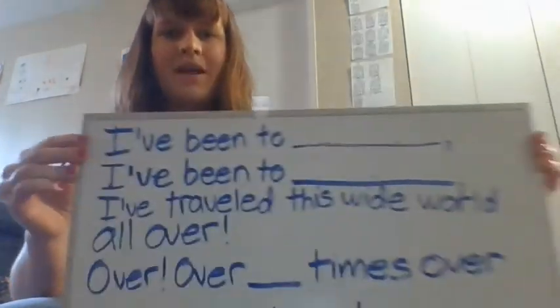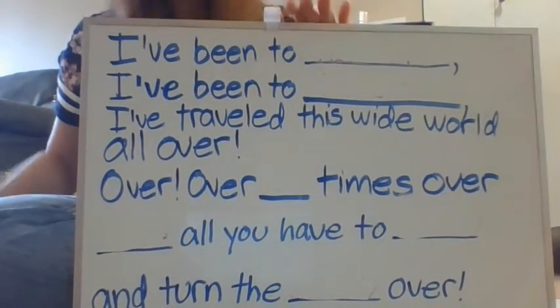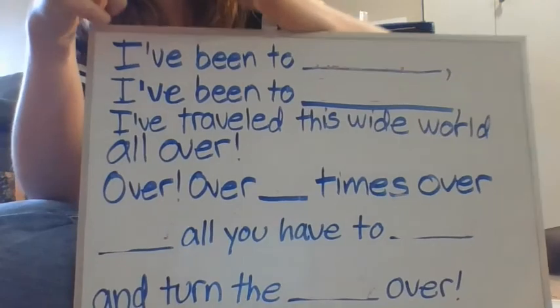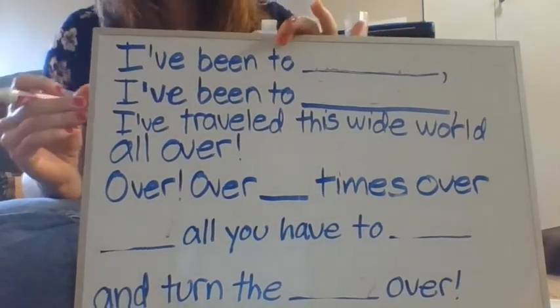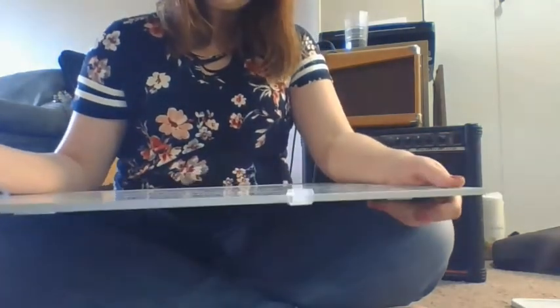Ta-da! So what I've done here is I've taken out a few words because I'm going to put some new ones in here. So let's see, our first line, I've been to, and then we need a place here. I'm going to write New York because that's where my family is from. I've been to New York. Where else have I been?